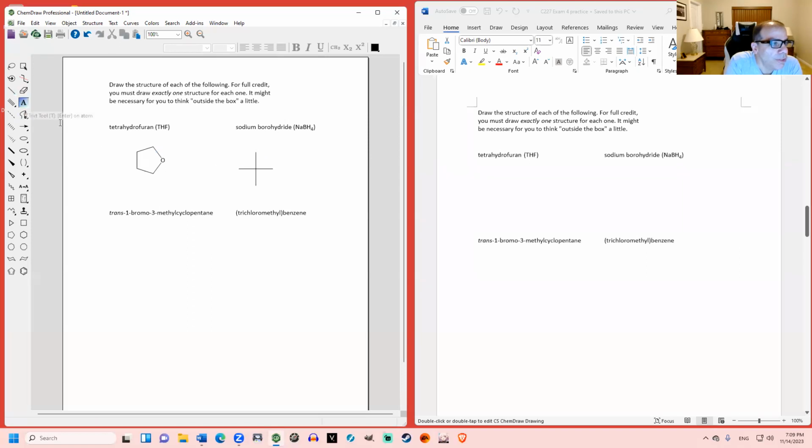Sodium borohydride is a BH4 minus ion, which is drawn like this, with the sodium ion. Something like that would be fine.